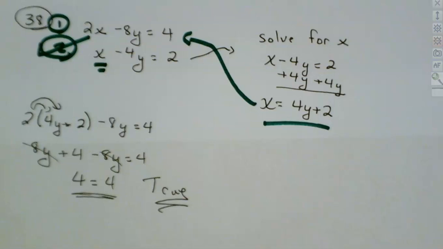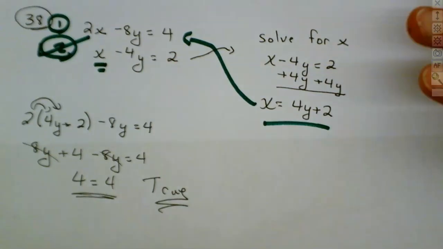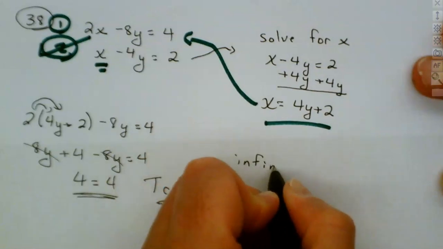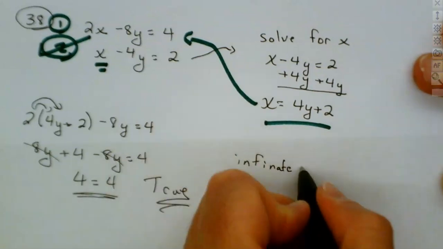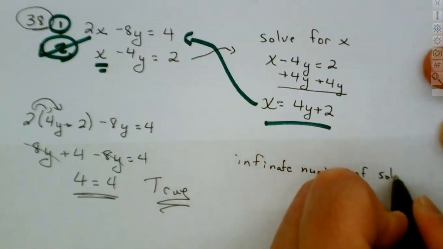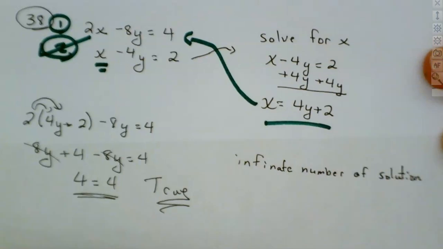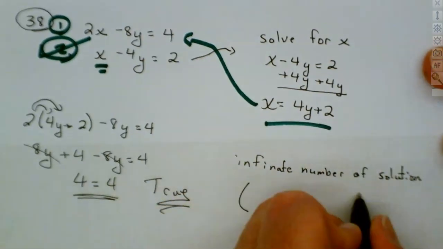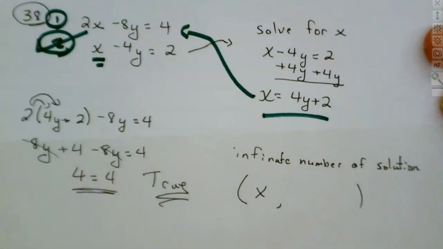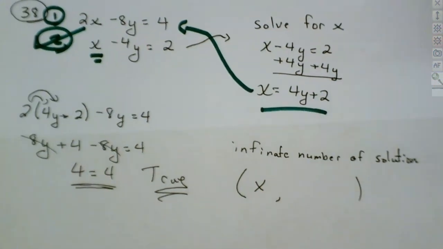Now, how do we write our answer? It's a little bit different from the last one. We know it has an infinite number of solutions. How we always write it is the first one is always your x, and then you take one of the equations and solve it for y.